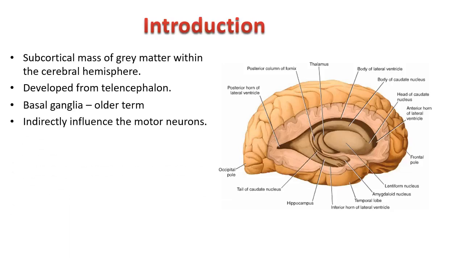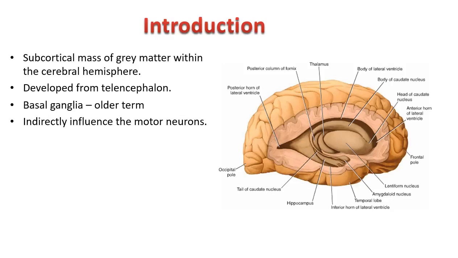Now, to put it very briefly, they indirectly influence the motor neurons, that is, the motor neurons arising from the cerebral cortex. Those neurons send some feedback information to the cerebral cortex, that is, to the sensory motor areas.